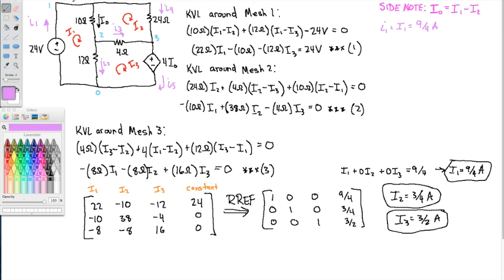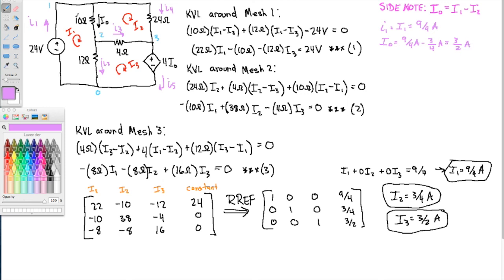Now how does that 9/4 amps split? Well, it splits into I0, which we already said is I1 minus I2. So that's 9/4 amps minus 3/4 amps, 6/4, 3/2 amps.